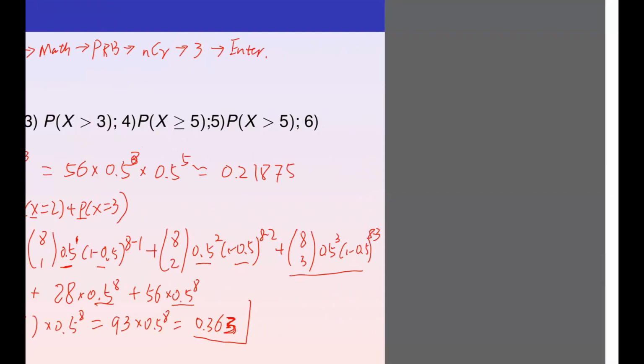All right, so for instance, let's do 1. The probability for x equals 3. So using the calculator, let me just write down the final binorm. Binorm here should be PDF or CDF? PDF. Yes, very good. All right, be careful.